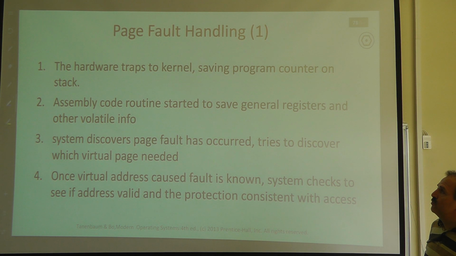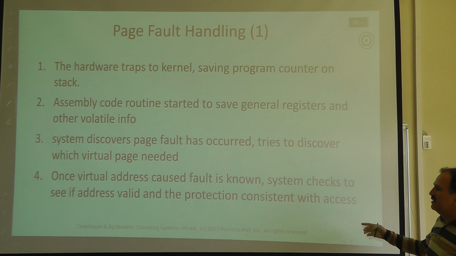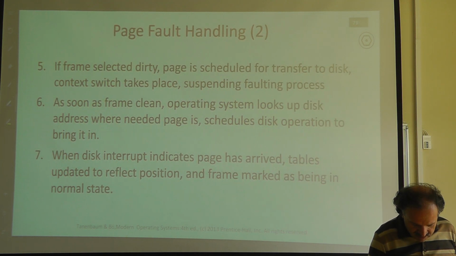Number 1, trap to the kernel, not much. Number 2, saving some registers. Number 3, page fault has occurred and which virtual page is needed? It is not much. Once you know which address caused this fault, you need to know if it is a valid address or not. This doesn't take much time either.